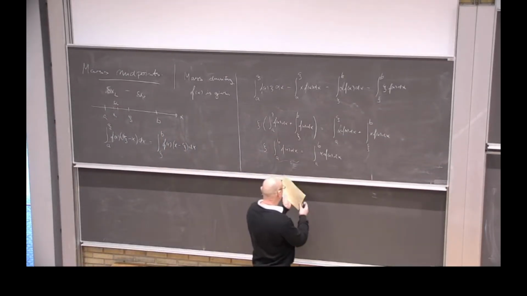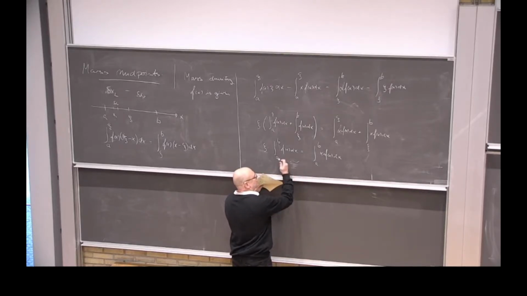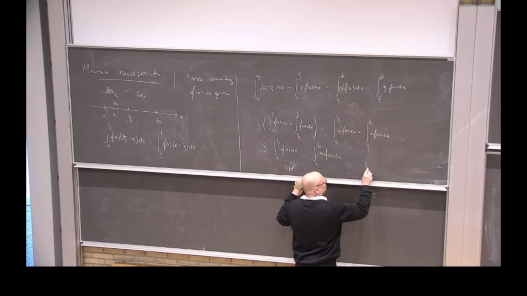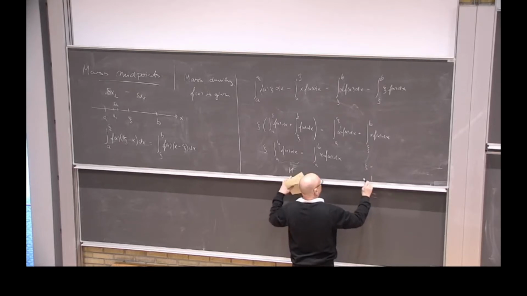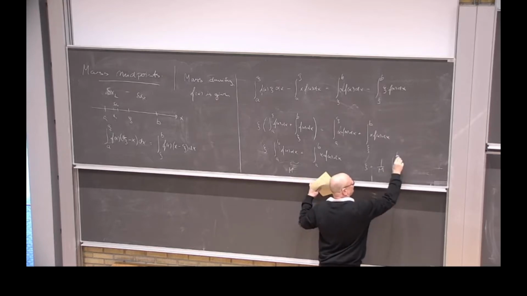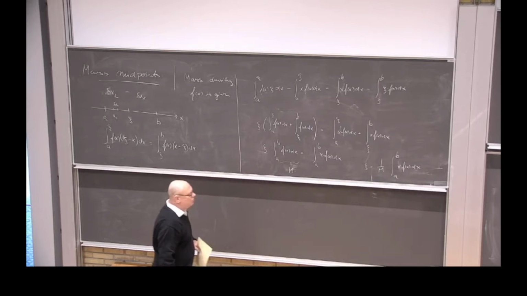So this is simply the mass of my stick here. And then I divide by the mass, and I get this formula for the mass midpoint.